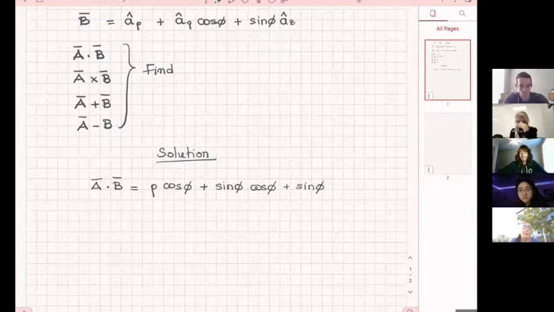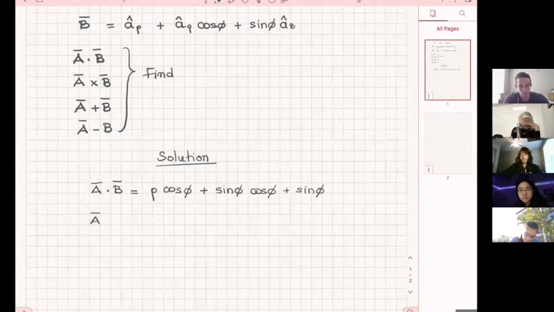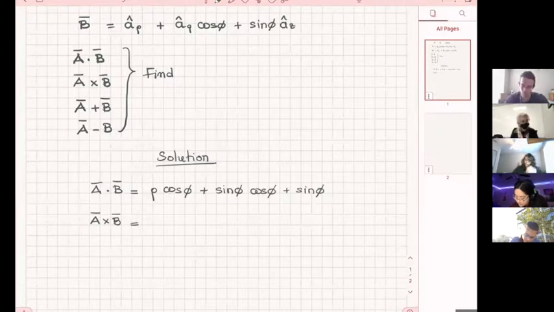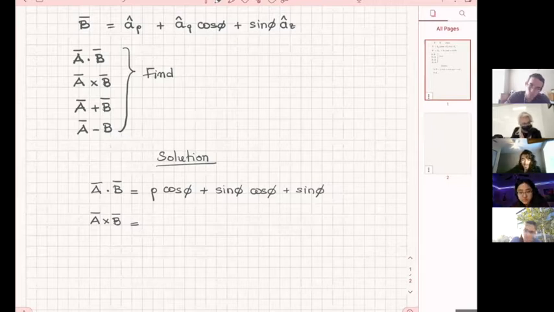A cross B. All right, how do I find A cross B? I go to the formulas that I gave you. Remember those? How do you do the cross? Let me also go here for a book from where I took these formulas and I gave them to you.